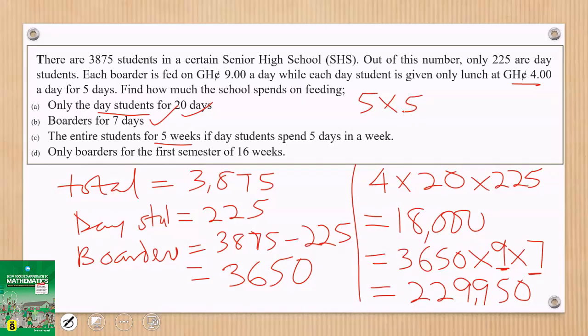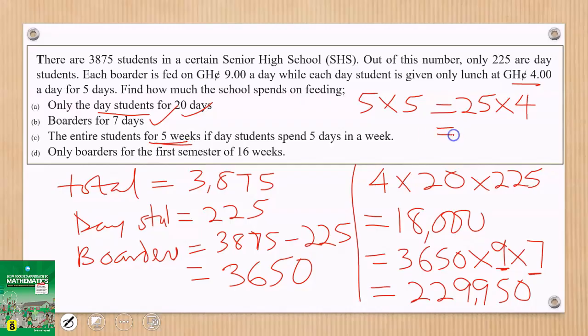So 5 days in a week times 5 will give us 25 days. Since we are having 5 weeks, it will be 25 days times 4 cedis.